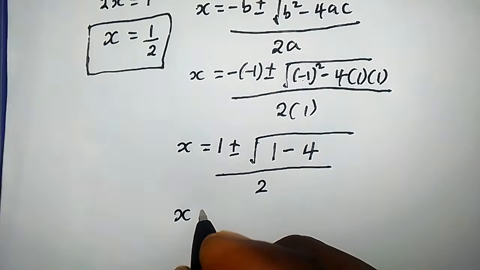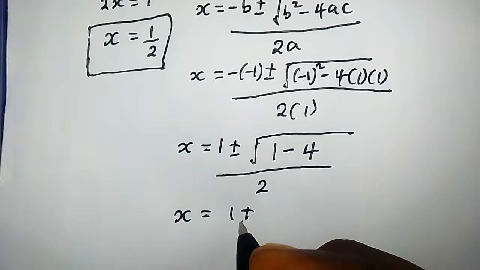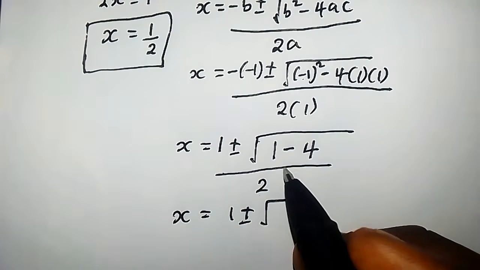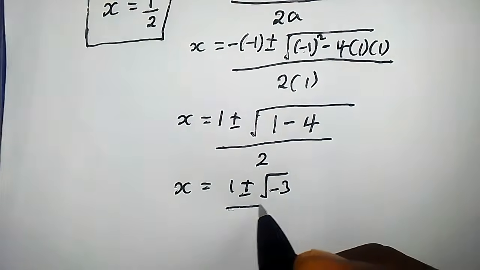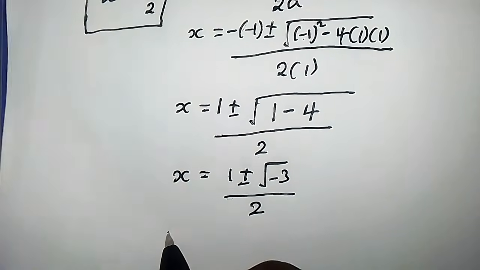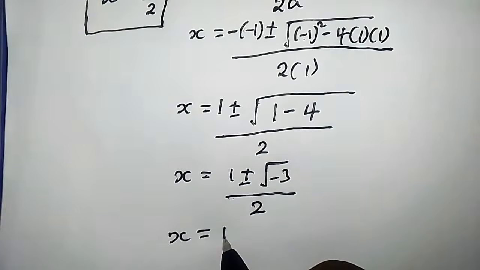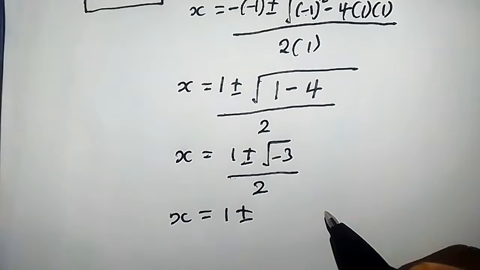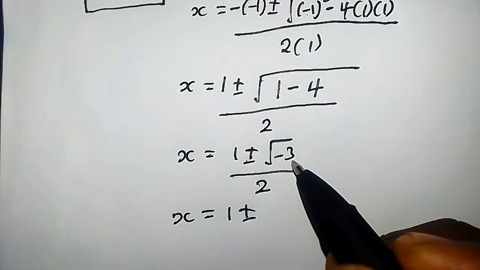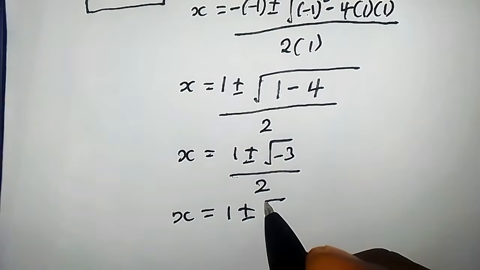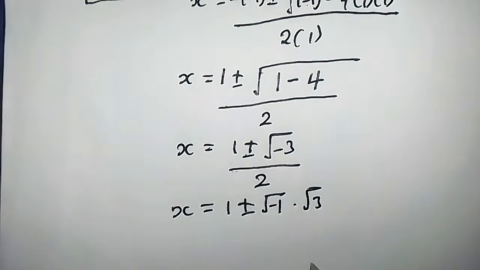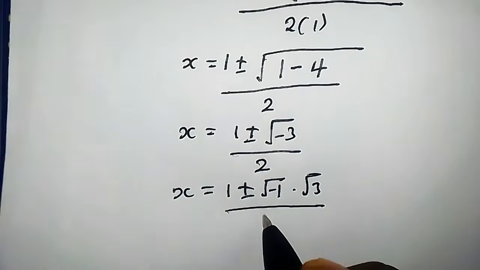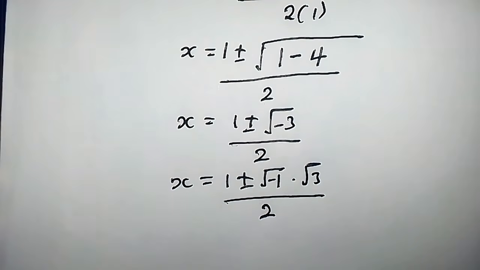So x is equal to 1 plus or minus square root of 1 minus 4, that is negative 3, divided by 2. x is equal to 1 plus or minus, I can rewrite square root of minus 3 as square root of negative 1 times square root of 3, all divided by 2. Let's proceed further.